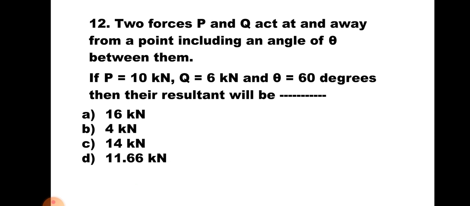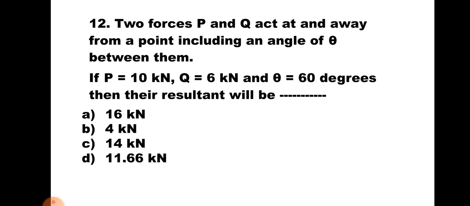Question number 12. Two forces P and Q act at and away from a point including an angle of theta between them. If P is 10, Q is 6 and theta is equal to 60 degrees, then their resultant will be A, 16 kilonewton, B, 4 kilonewton, C, 14 kilonewton and D, 11.16 kilonewton.